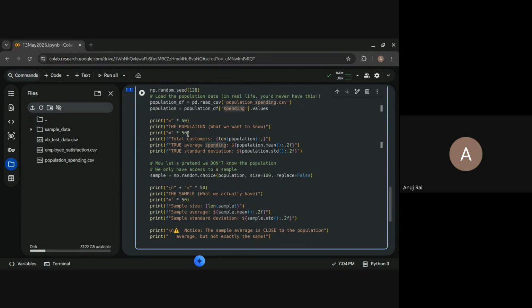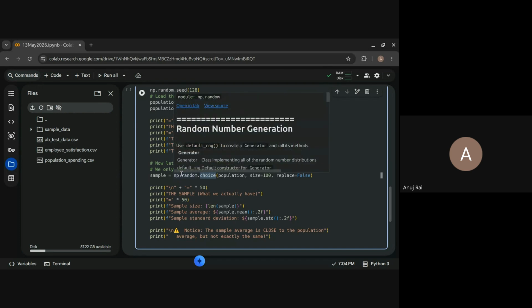So we are selecting the spending, and now this whole data set will represent the population. And for the sample, here using NumPy we are randomly selecting, but in a practical scenario, you will also do a random selection from your customer database, and then you can go ahead and do the survey.